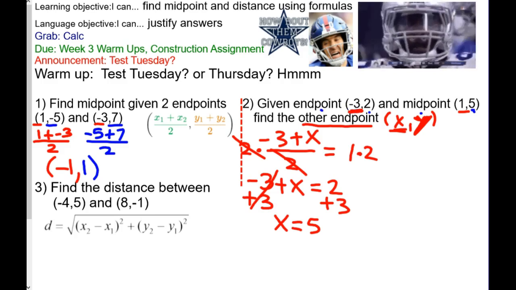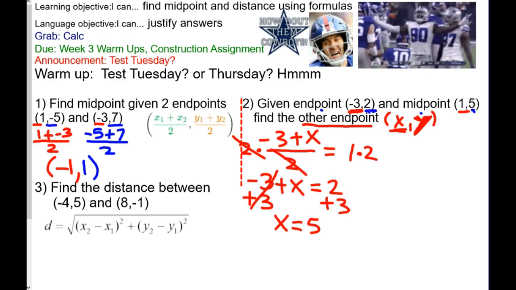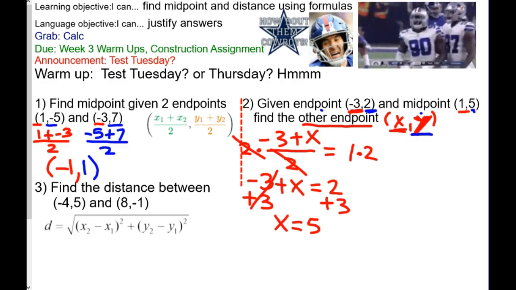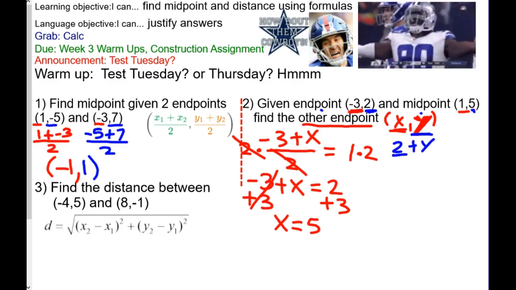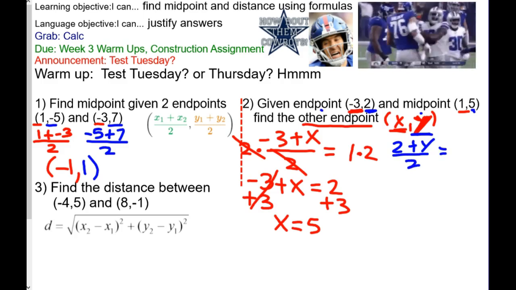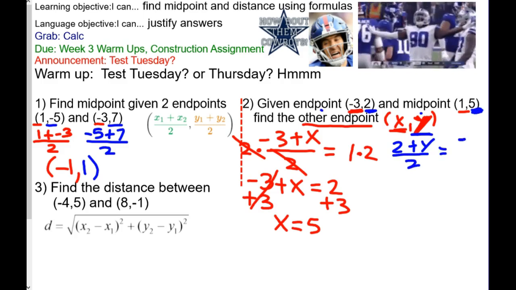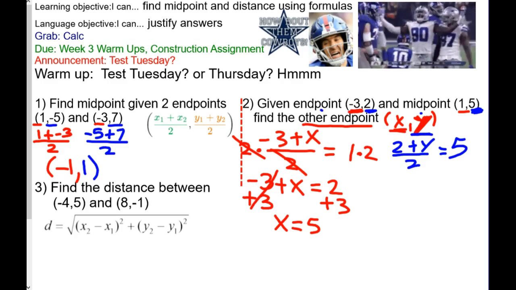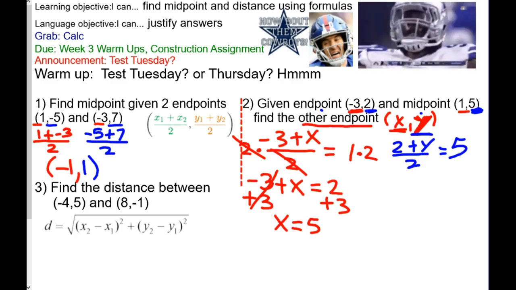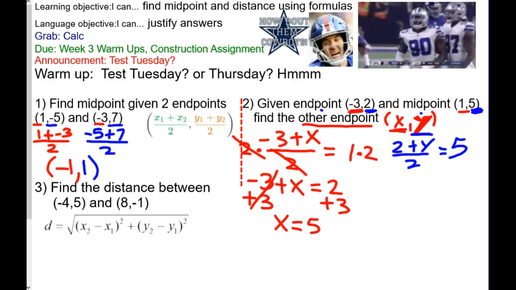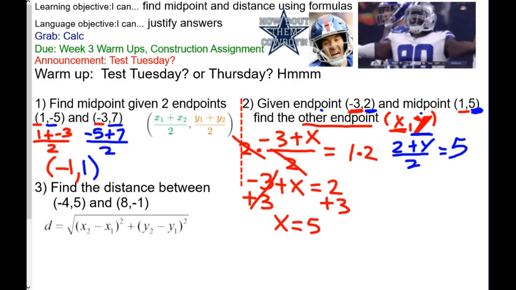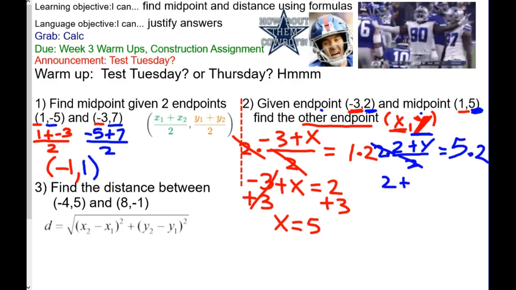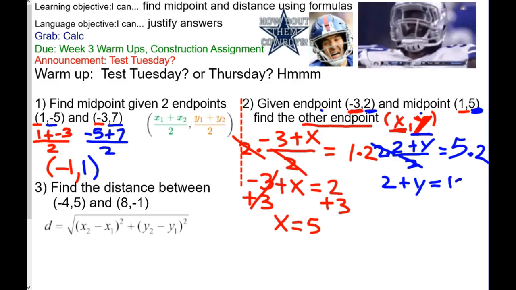Okay. So the y value is 2. The other endpoint y value is missing, so it's going to be y. 2 plus y over 2 equals the midpoint y, which is 5. So again, this is how we set it up. Endpoint plus endpoint divided by 2 equals midpoint. To get rid of the divided by 2 again, just like last time, times 2 times 2. 2 plus y equals 5 times 2, which is 10.